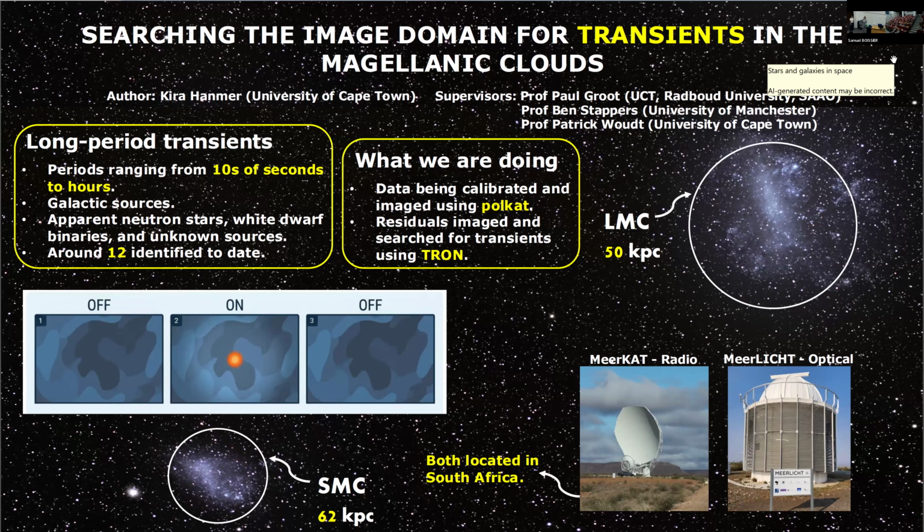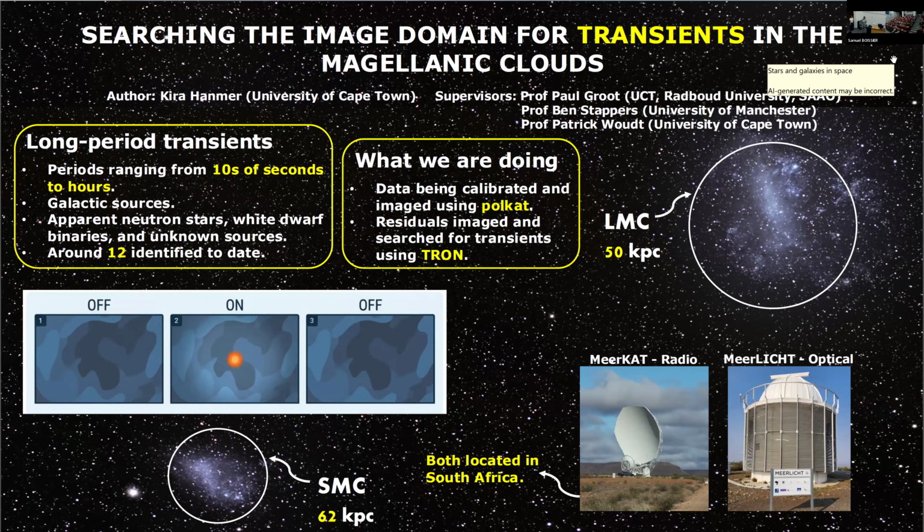To do this, we're using MeerKAT, which is a radio interferometer in South Africa, and then for optical follow-up, we're using MeerLICHT, which is also in South Africa. These two telescopes can also observe simultaneously, and they're well located to observe the Magellanic Clouds from the southern hemisphere.